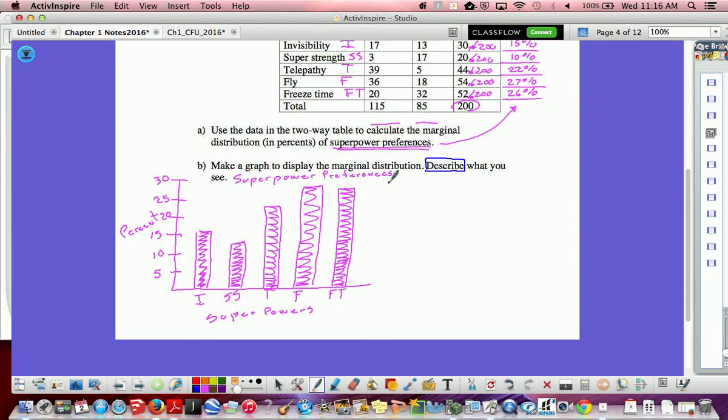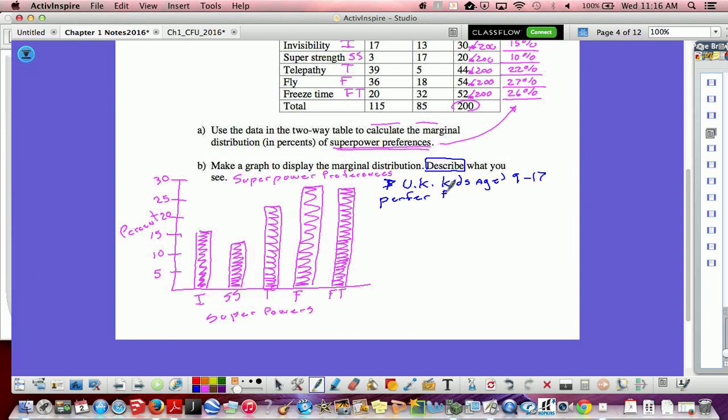So I'll say UK kids age 9 to 17 prefer, what was it first?